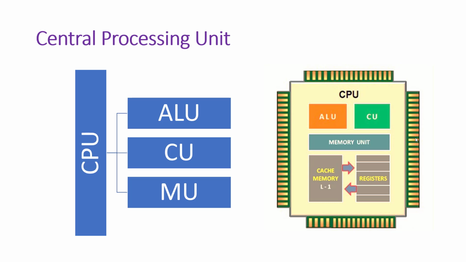The CU, control unit, takes instruction from the input, stores it in the memory unit, and passes it to the ALU for execution. And the memory unit, as I said, is a place where data are stored before they are executed and after they are executed.